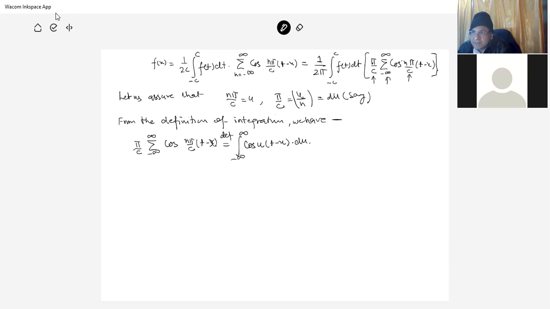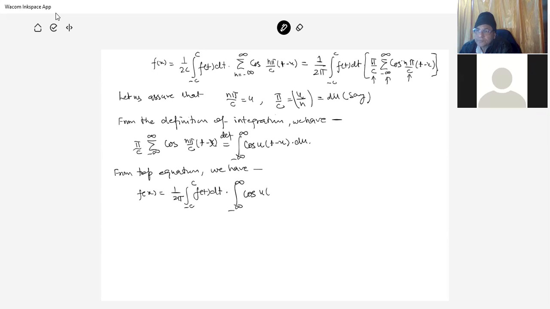So substituting this integration in the top equation, we have f of x equal to 1 upon 2 pi, integral from minus c to plus c of f of t dt, and minus infinity to plus infinity cos u(t minus x) du.